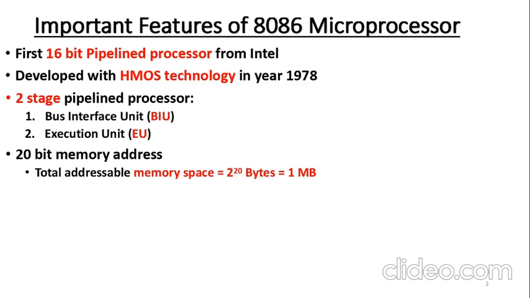Now one should understand that the size of address bus will define the size of memory space addressable, and this memory space addressable always will be 2 to the power n, where n is the size of address bus. Now this addressable memory space is always counted by using a binary system here.